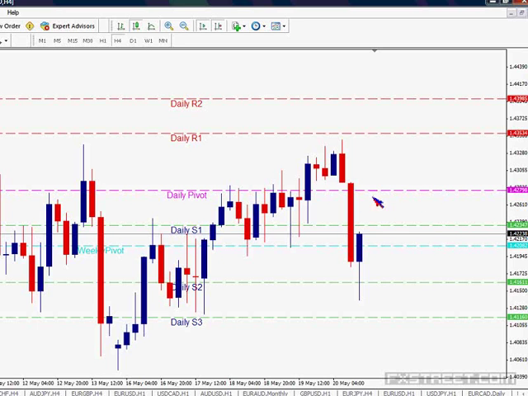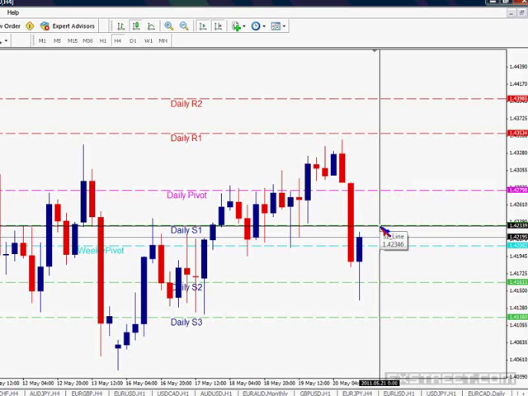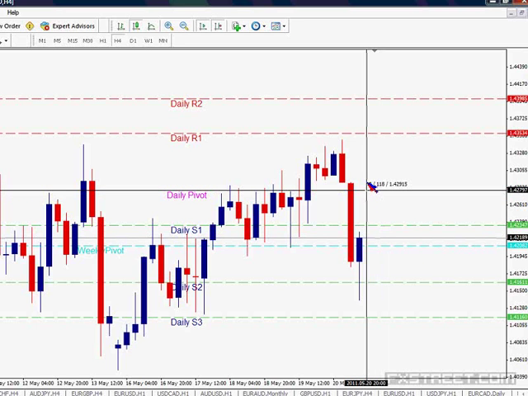I will be selling maybe 10 pips below this level, around 42.68, and I will be targeting 42.35, 35 pips. But I will place my stop at least 5 or 10 pips above this level plus spread. That's a complete trade.